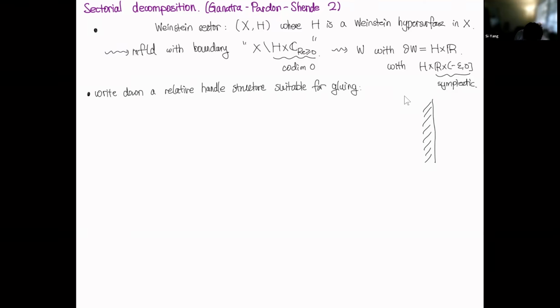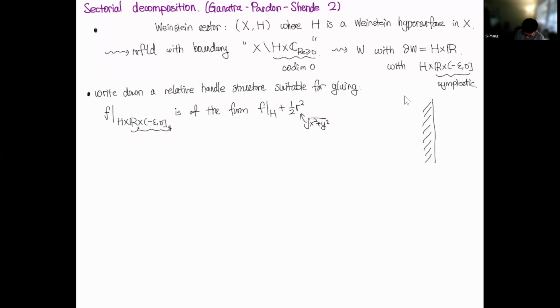You have a Morse function coming from a Weinstein potential, and we require that F restricted to a neighborhood of this is of the form the standard Weinstein structure on H plus a Morse function on H, and then plus some standard one half R squared, where R is the radial direction, like if this is x and this is y, it's the square root of x squared plus y squared.